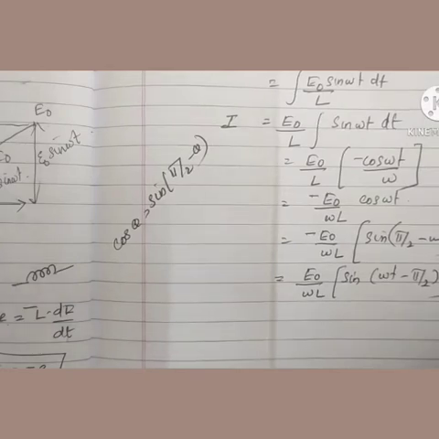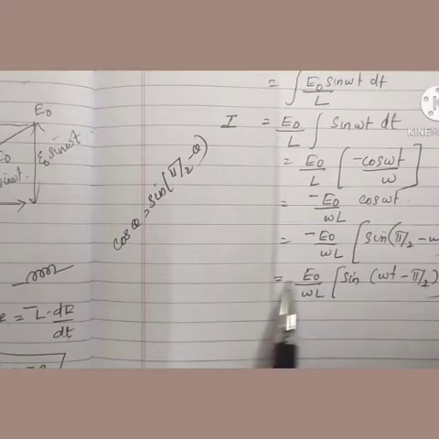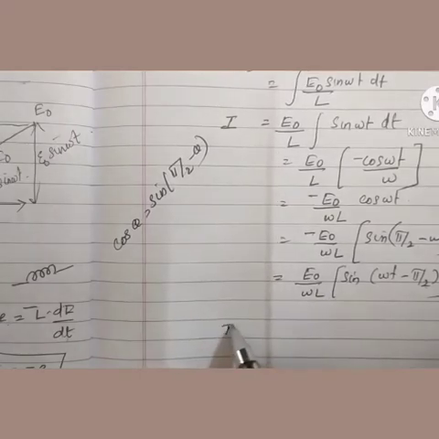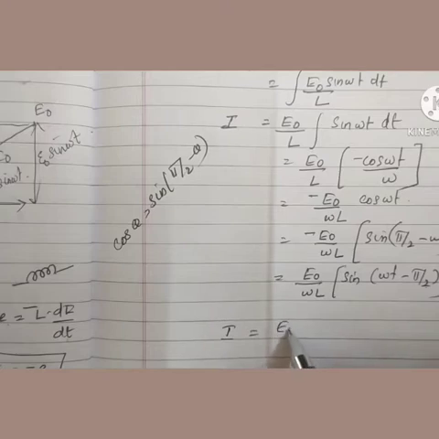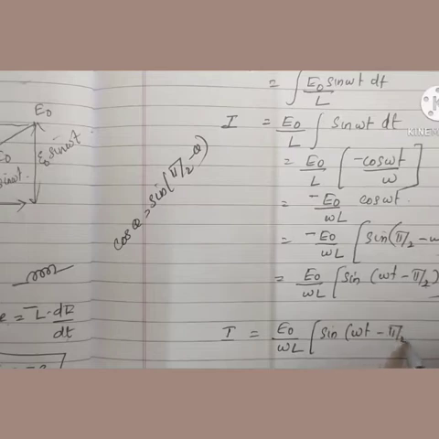So now listen. Here, if sine of omega t minus pi by 2 is at the maximum value, which we take as 1, then what is I? I is equal to I0. In this expression, I is equal to E0 by omega L sine of omega t minus pi by 2.